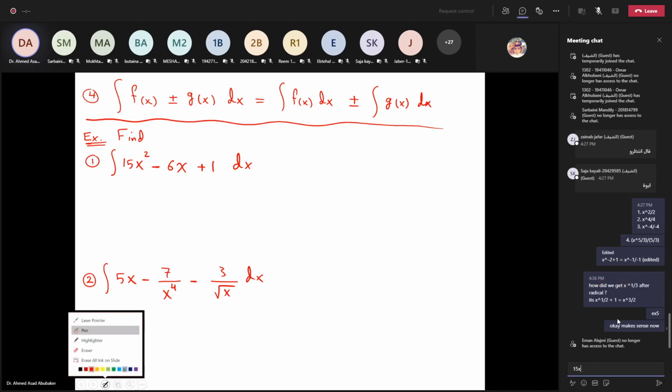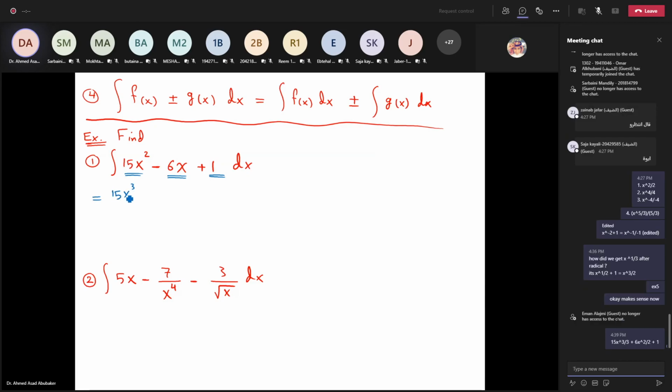Okay. Now, to find the integral, if we have many terms, we need to find the integral of the first term, second term, and third term, each one alone. So we have here equal 15 times x to the power 3 over 3 minus 6x squared over 2 plus the integral of 1, which is x, any constant multiplied by x, plus c.